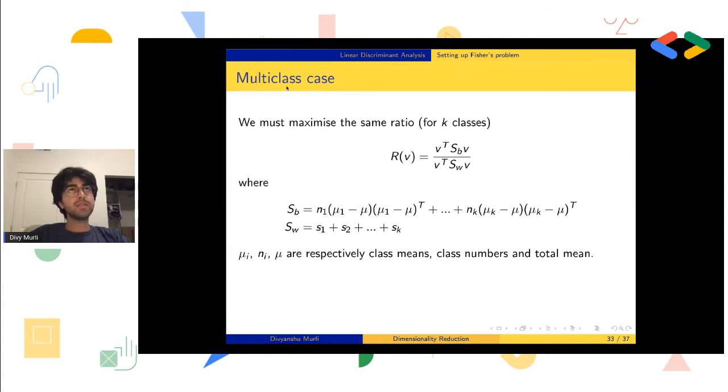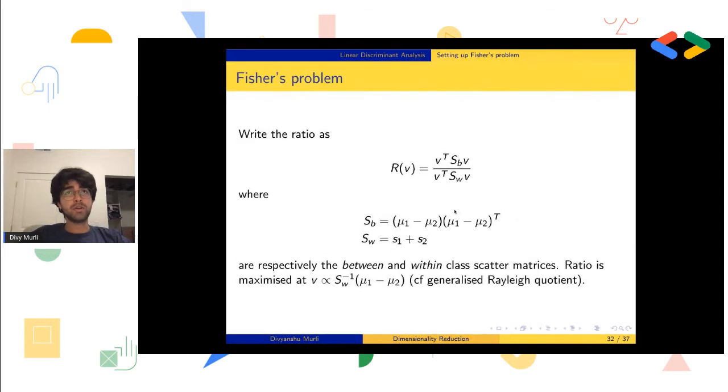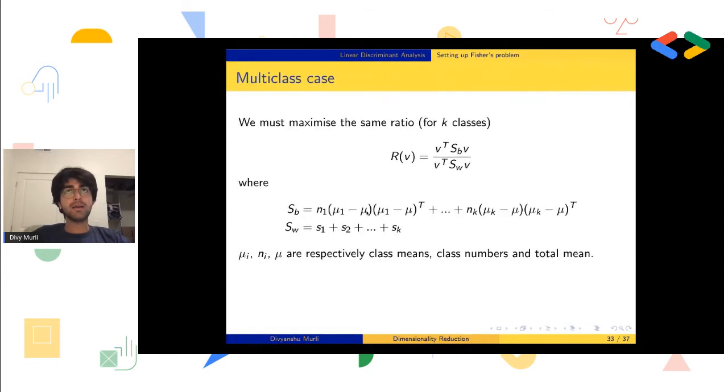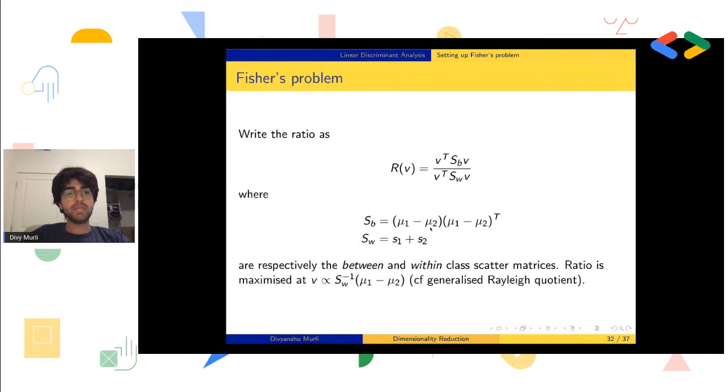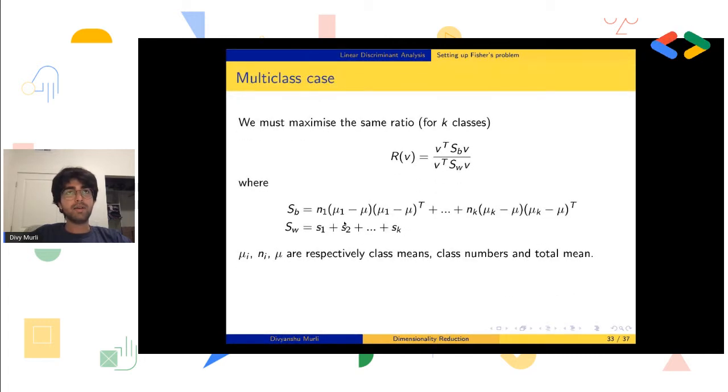Now I'll briefly discuss the multi-class case, which is a generalization of the two-class case. Notice we had this between class and within class. In this case, it changes slightly, but the general structure is there. Instead of the difference between the two means, we have the means of the various classes, and we subtract off the overall mean of all the data.